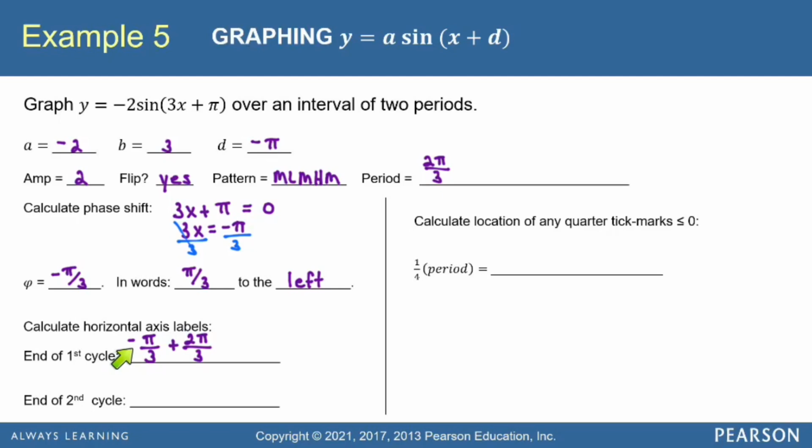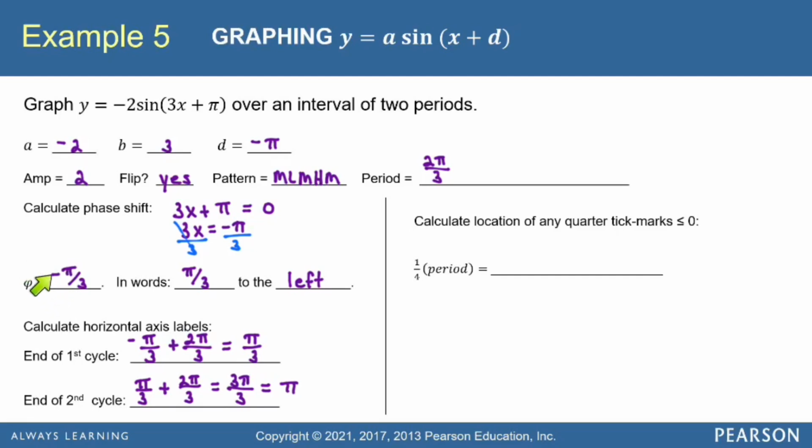So negative 1 pi over 3 plus 2 pi over 3 puts the end of the first cycle at pi over 3. For the second cycle, we start at pi over 3, we add another period to that, and 1 pi over 3 plus 2 pi over 3 is 3 pi over 3, which we know will reduce to just pi.